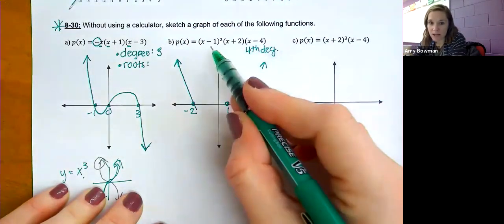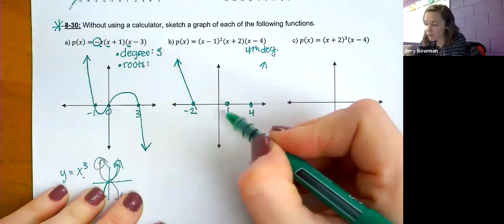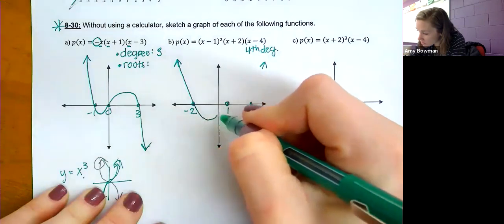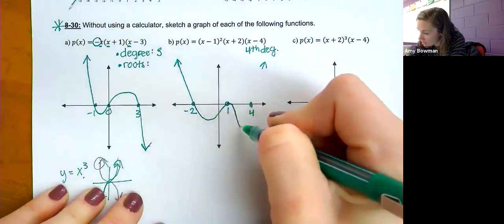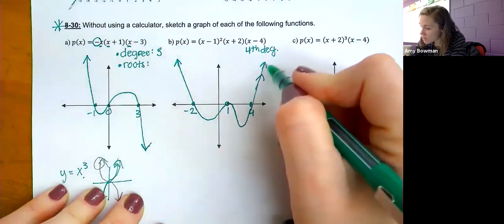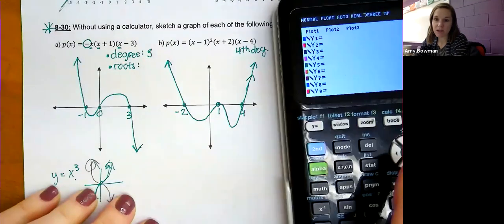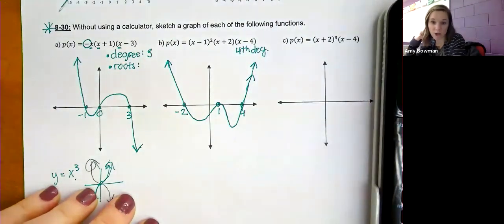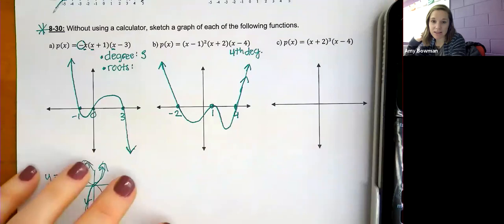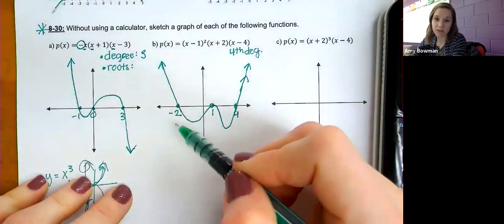Then at 1, where I had a double root, it's going to bounce off of it down here. So it's not going to cross through, it's going to bounce off. And then at 4, it's going to cross through. So that is the behavior. And again, I can plug that in and check it, and that will confirm that this is an accurate representation of where the roots are and what's happening at those roots.